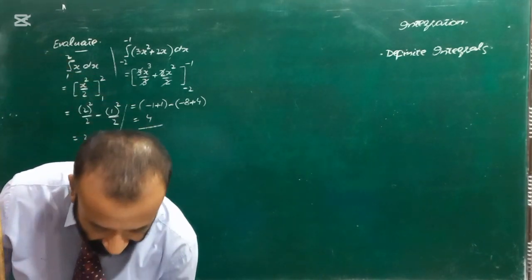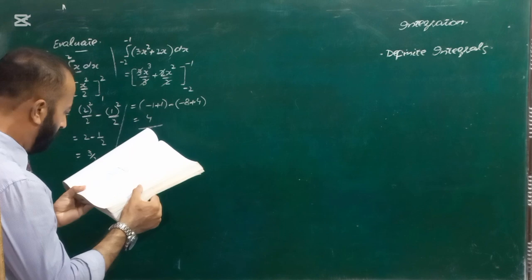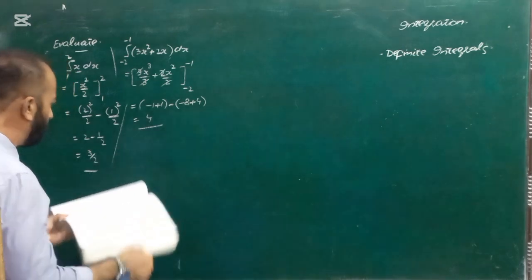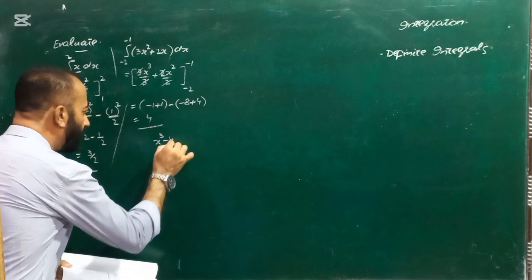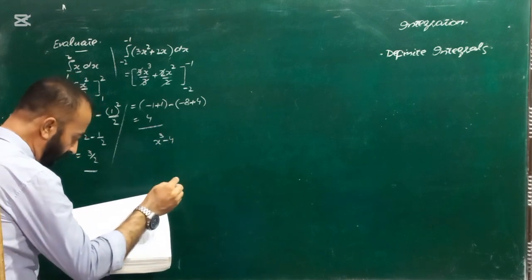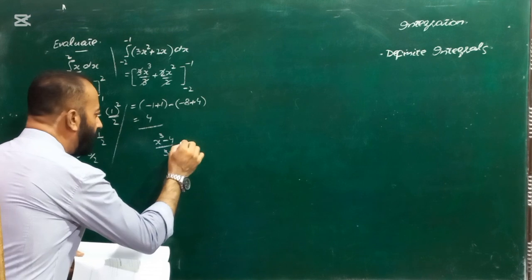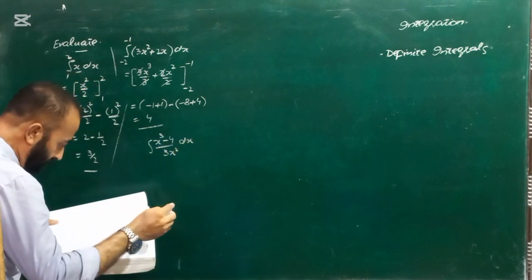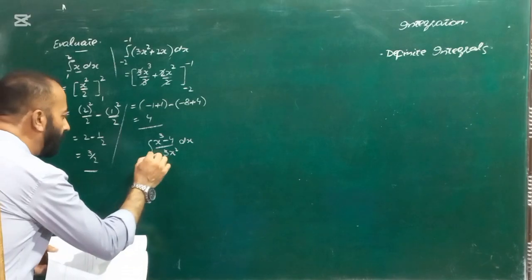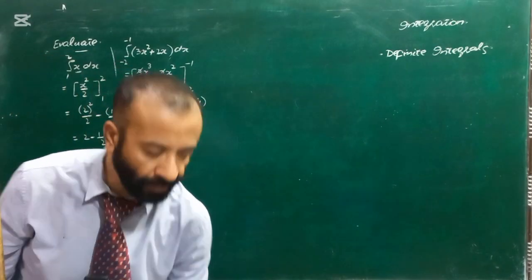Okay, to make the concepts clearer, we are going to do some more questions. For example, integral of x cube minus 4 over 3x square dx, and the limit is from 2 to 3. So this is the question.